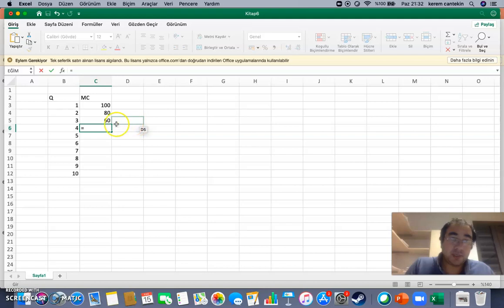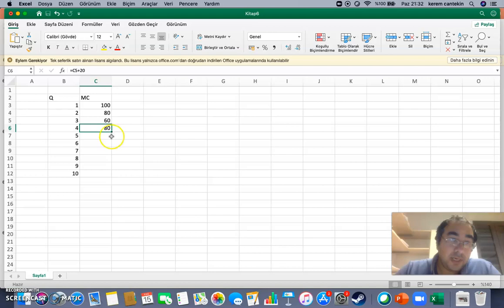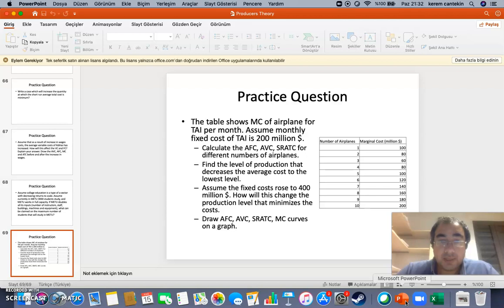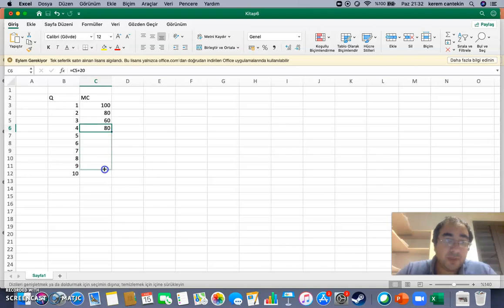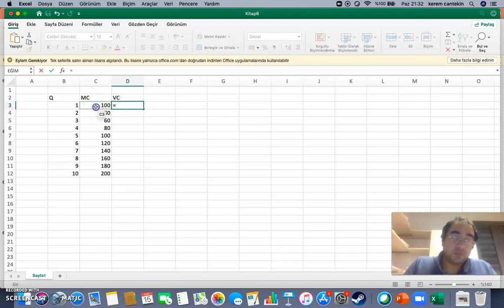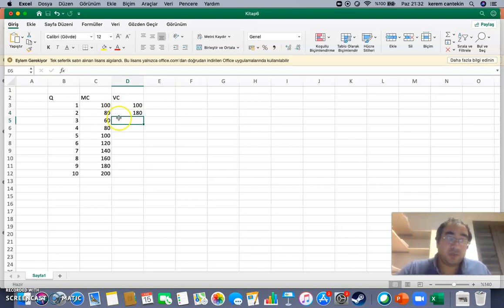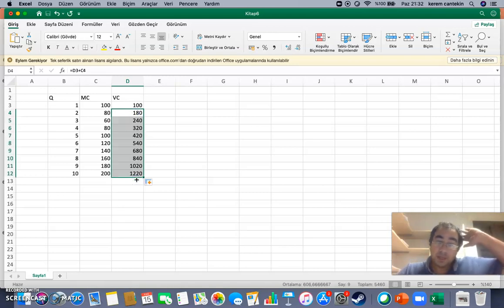After that, I always add a 20. Okay. Well, from there, I can easily find, they don't ask this, but it will be beneficial for me, the variable cost. In each case, I will add to the previous variable cost the marginal cost of the new unit. And let's stop here and continue in the next part.